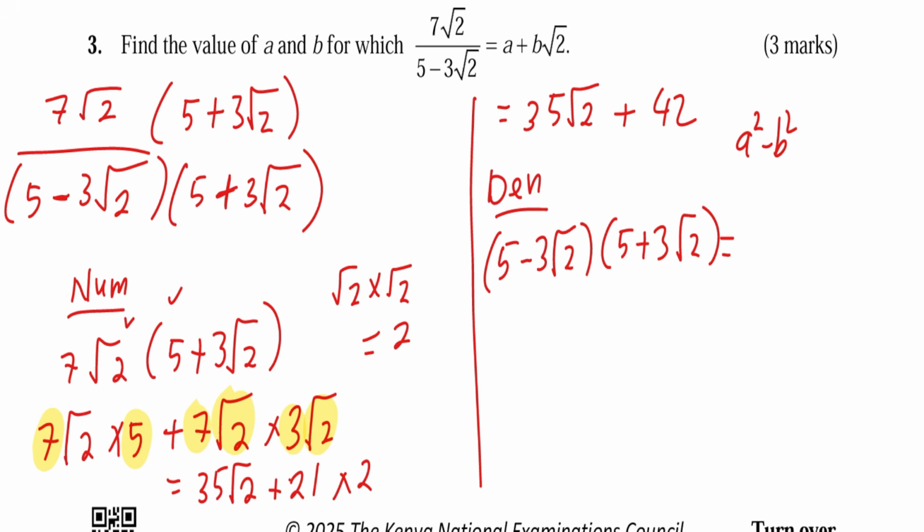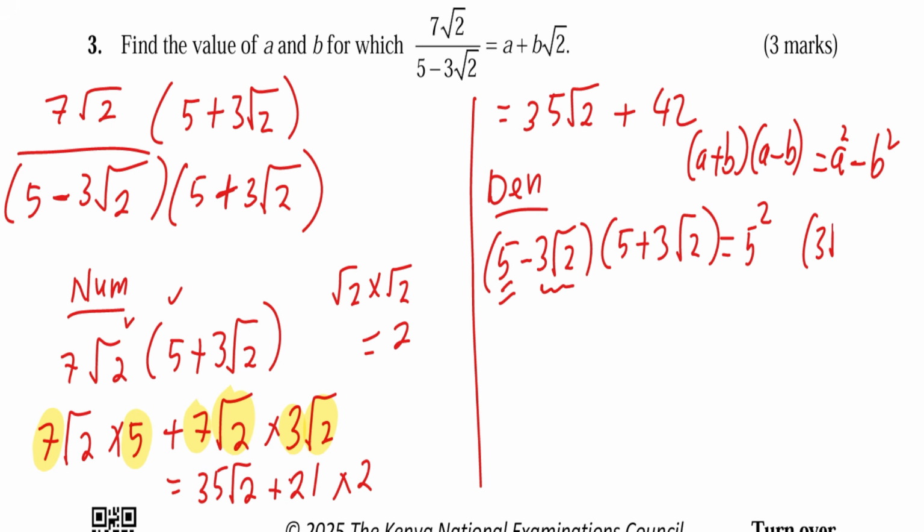If you have a plus b times a minus b, you just square the first one minus the square of the second one. So the easy work here is to take 5 and square it, and this 3 root 2 you also square it, and you find the difference of these two.